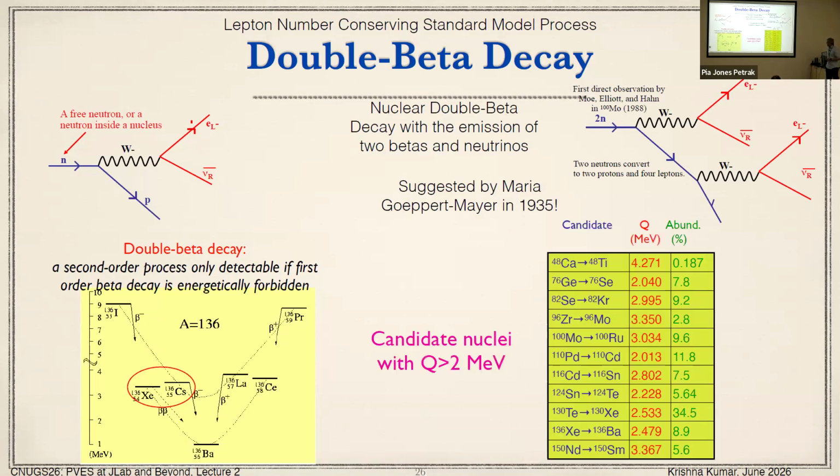So, candidate nuclei with Q greater than 2 MeV. The reason for that is otherwise it's too hard to discover. Most of these have now been observed in experiment, maybe 2/3 of these double beta decay candidates. So this is ordinary standard model lepton number conserving double beta decay.